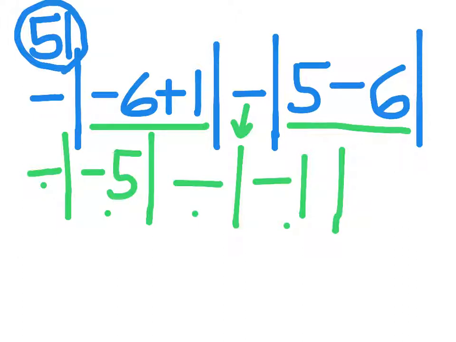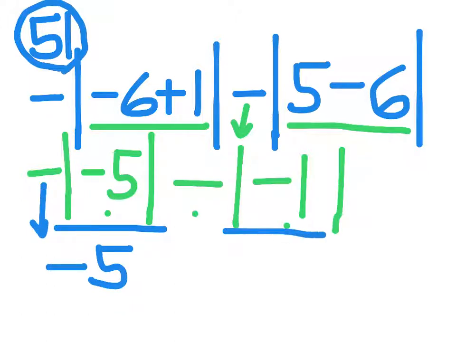Now I can still do my parentheses step here. Absolute value of negative 5 is 5, but I'm still going to drop down this minus sign. Absolute value of negative 1 is positive 1, but I'm still going to drop down this minus sign here. Now I'm on my last step.